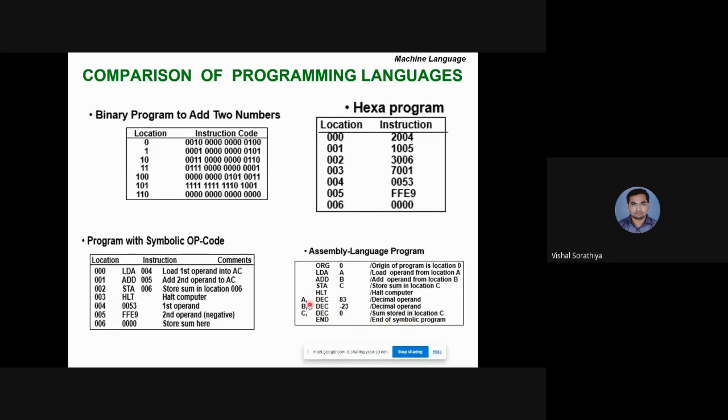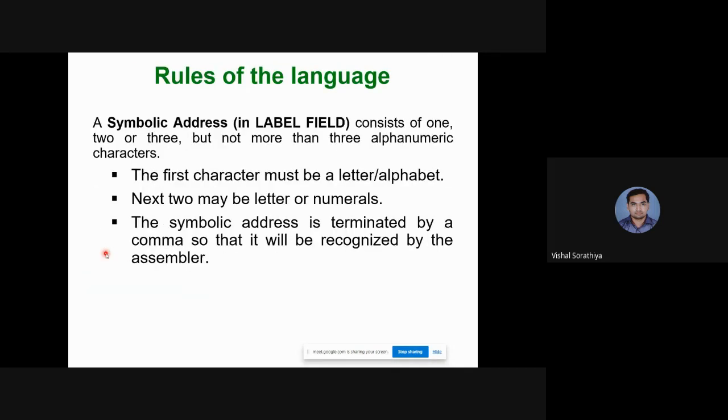Whatever operand you want to operate on, accumulator, register B, C, in assembly language it will look like this, or with a 3-bit number. That's why it says rules of the language: the first character must be either a letter or alphabet, the next two may be either letters or numerals, and the symbolic address is terminated by a comma so that it will be recognized by the assembler.